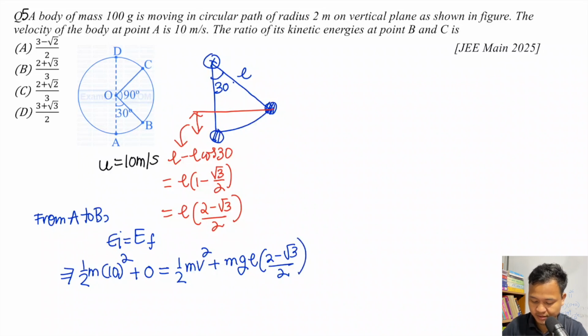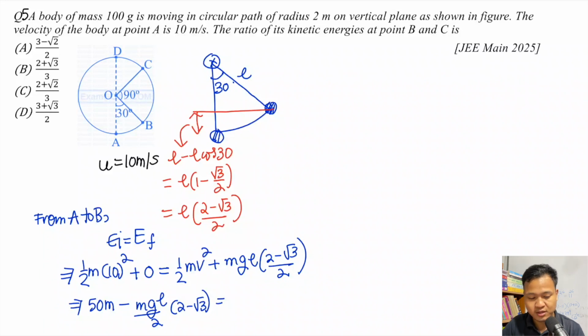Here 10 square by 2 is 100 by 2, which is 50. So 50m minus mgL by 2 into 2 minus root 3 equals half mv square, the kinetic energy at B. This is equation number 1.